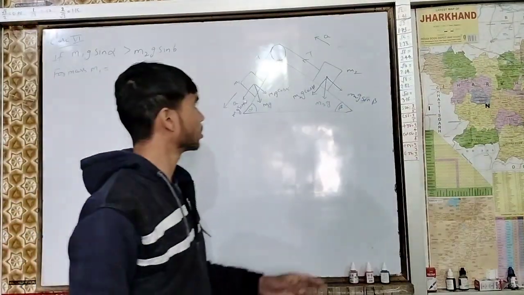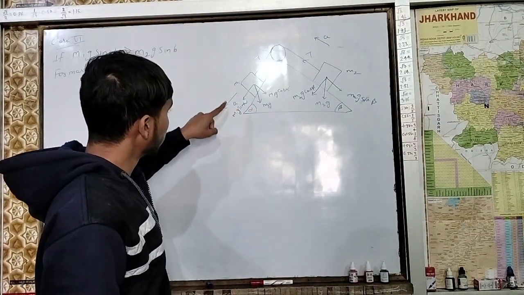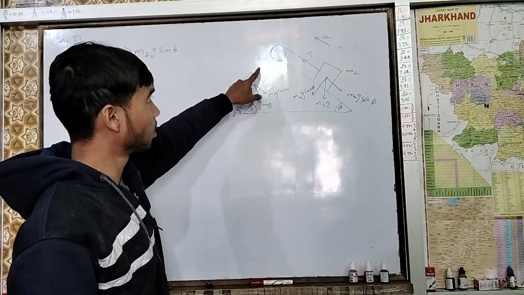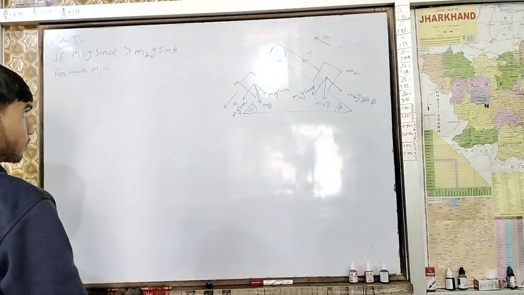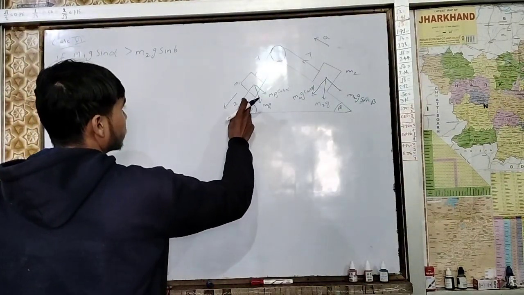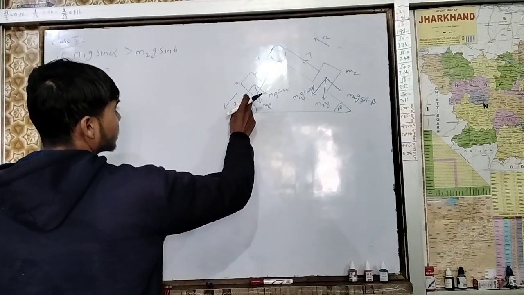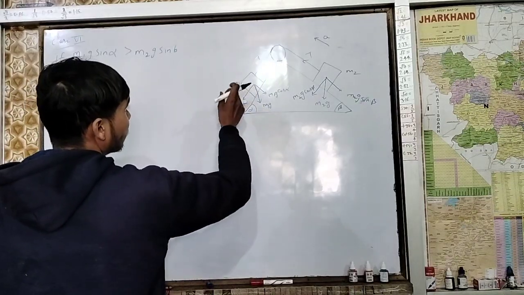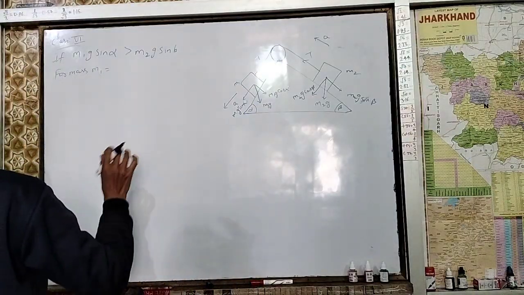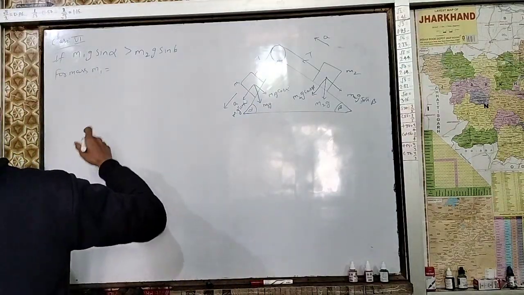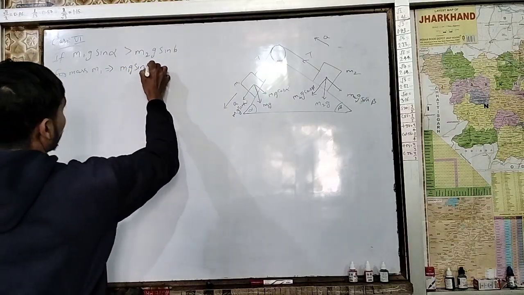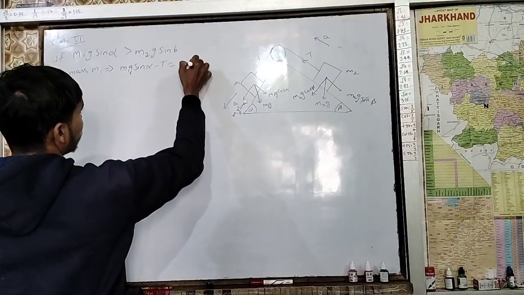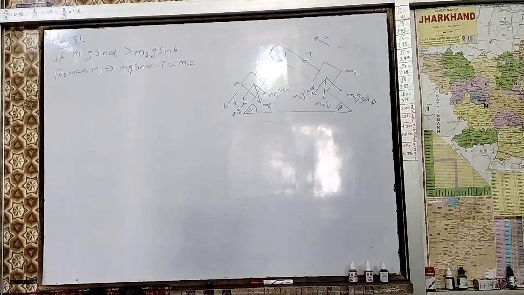What are you observing? m1 is over here. This m1 z sin theta is equal to T. But there is a difference, that's why m1 z sin theta minus T will be m1 into a. This equation we will get for mass m1. So m1 z sin alpha minus T will be equal to m1a. This is our first equation.